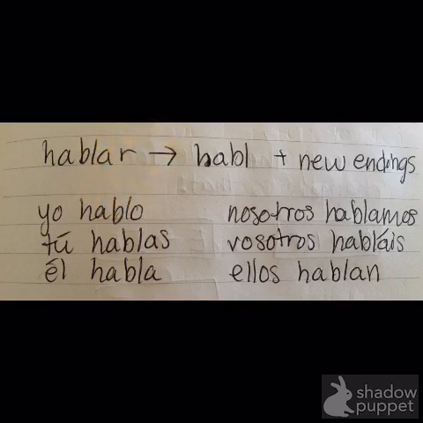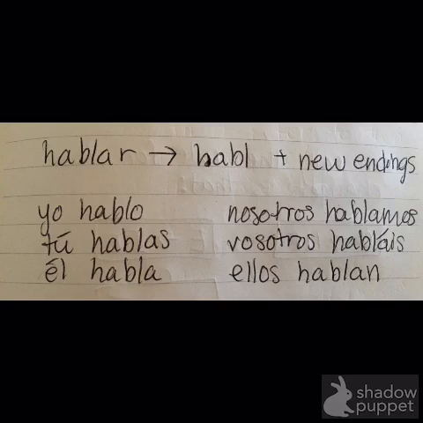So we took off the AR, and so it became habl, and this verb means to talk, and then we added the new endings. So the new endings, of course, are o, as, a, amos, áis, an. And if you're having trouble remembering it, sometimes it helps to just chant it.